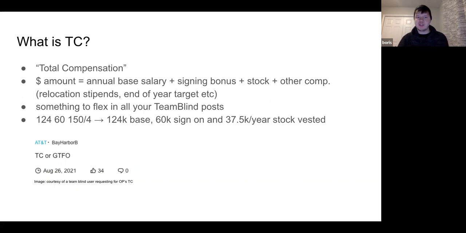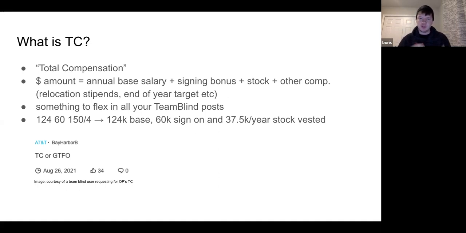For interns it's a little different, because you get a monthly TC, but generally for new grads, TC is your base salary, which is your check, as well as a signing bonus. When you join a company, they give you some sort of signing bonus. They also give you vesting stock options.